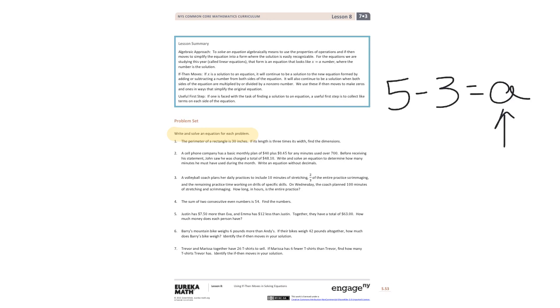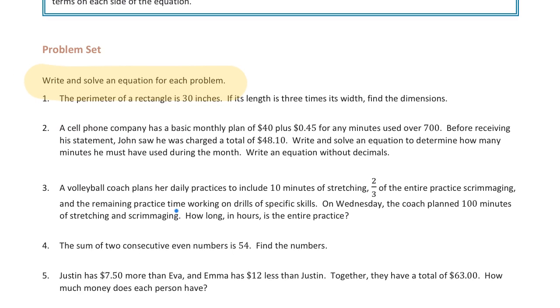Our variable is going to be somewhere in the mix of our problem. Okay? All right. Sometimes when you're doing these, it is helpful to set up a picture to help you understand what you're wanting. All right. So let's get started.